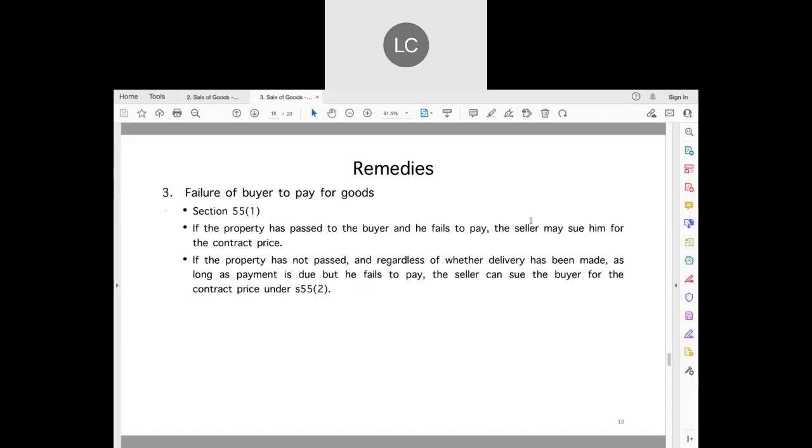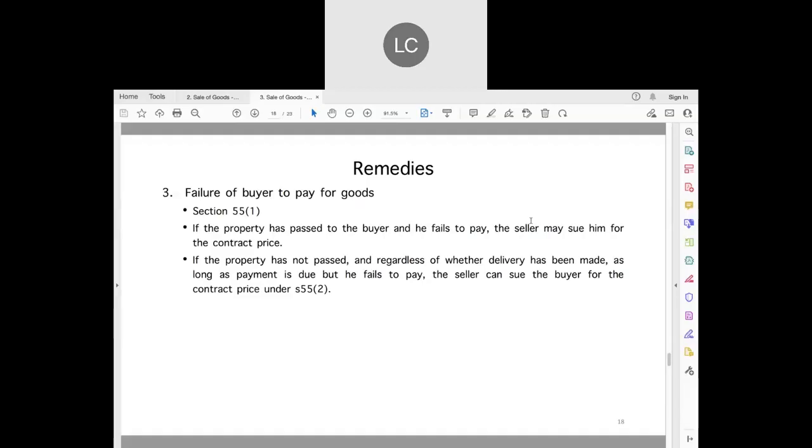And the third part is failure of buyer to pay for goods. That is provided for by section 55 sub 1, which provides for the remedies of the seller when the buyer fails to pay for the goods.